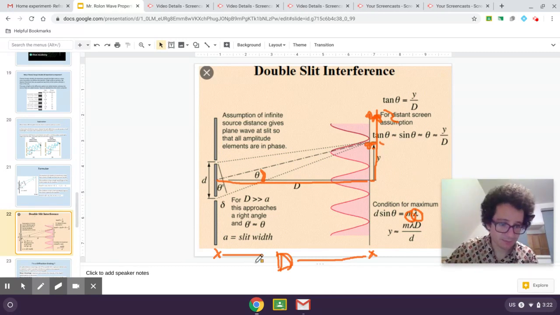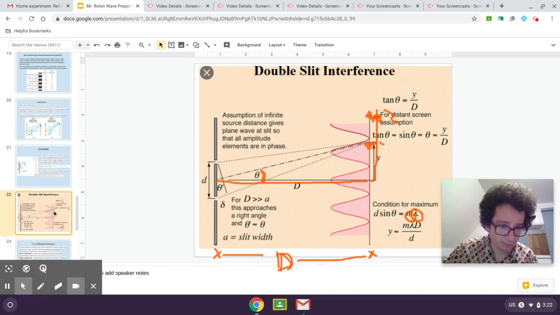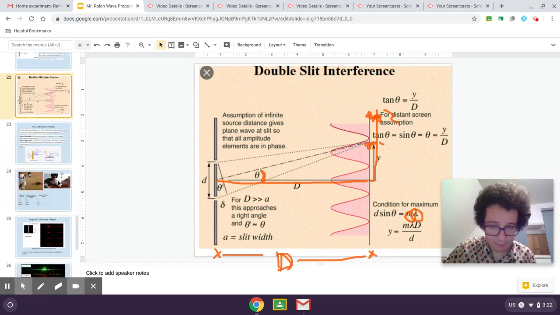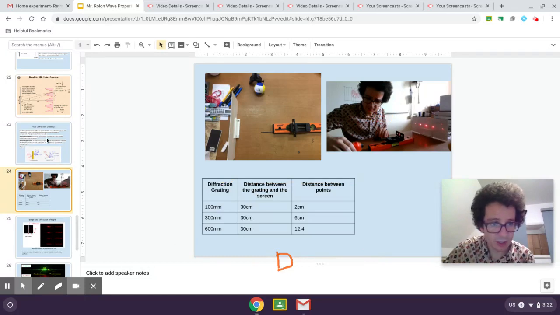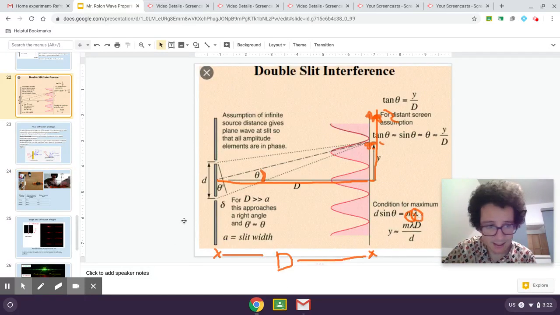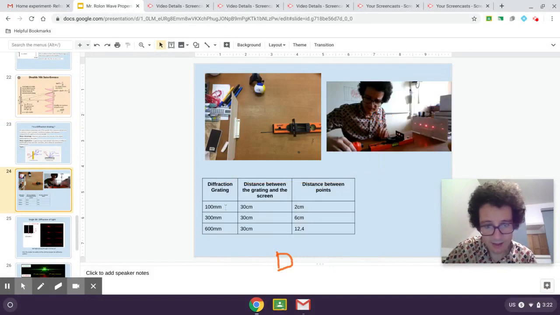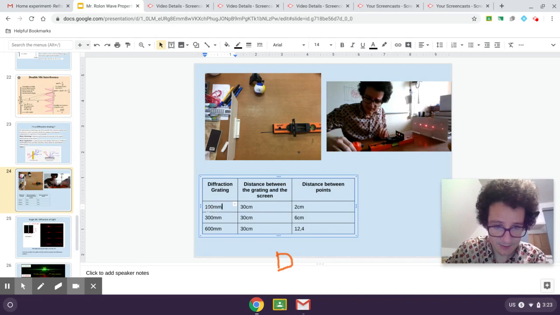So well, you will have to measure to calculate lambda, as I was telling you, with those values. Here we have the values of the diffraction grating. The grating was, sorry, this is 100 lines per millimeter. And also here.